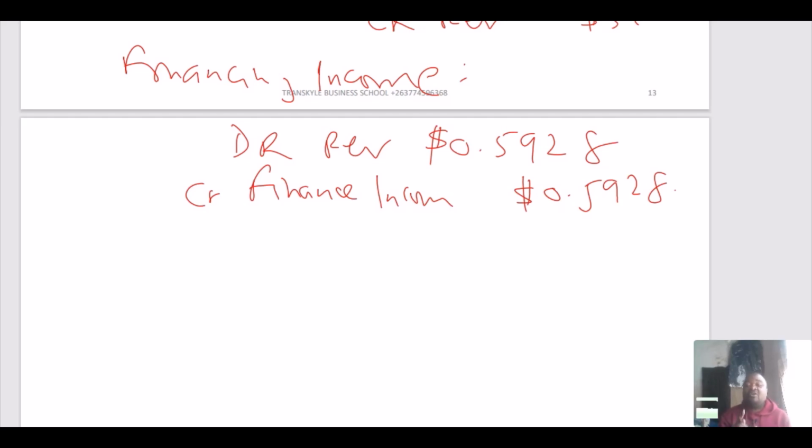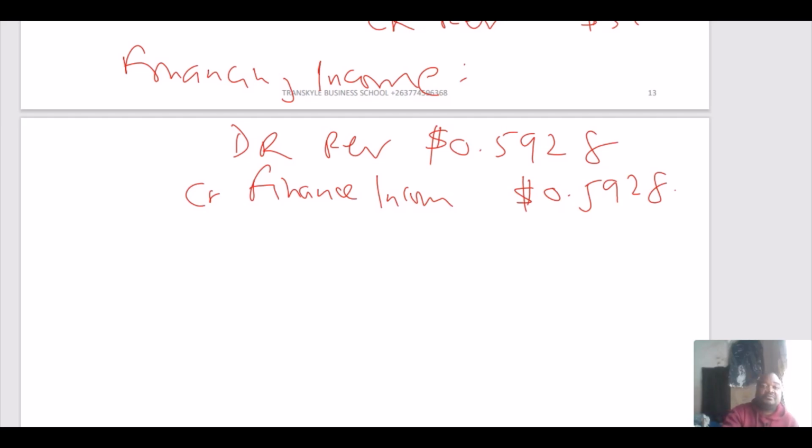But this is a wrong entry. Why? Because the financing service is going to be given over time. All right, so we need to prorate it.